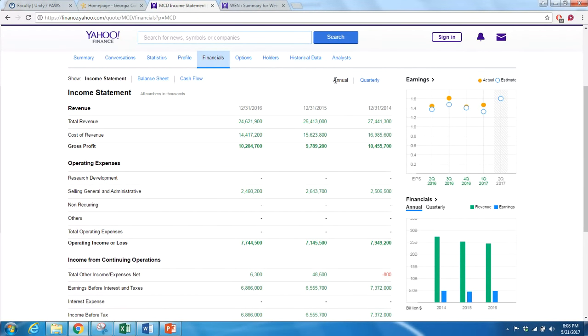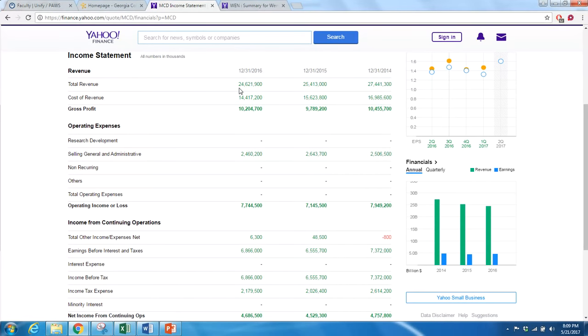And I can set them to annual or quarterly. But if we look here, this last year ending December 31st, 2016, McDonald's had sales revenue of 24,621,900, and these are in thousands too, so you add more zeros there, so that would be thousands, millions, billions. $24 billion in revenue last year.